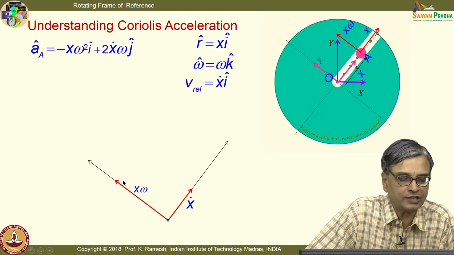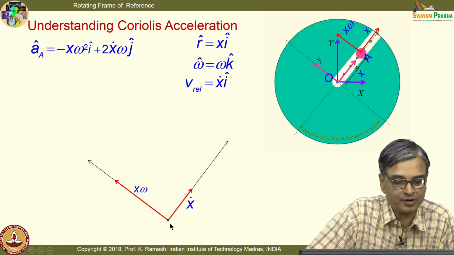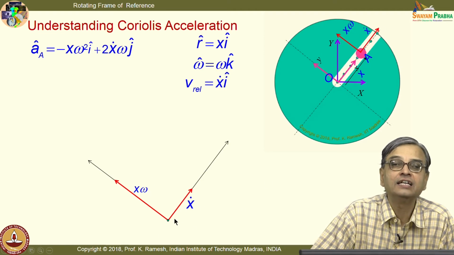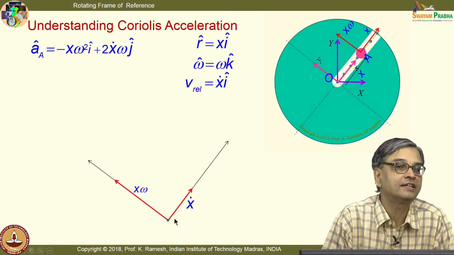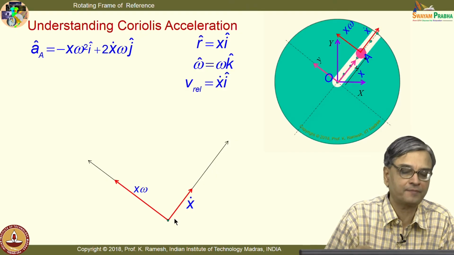I have deliberately shown that they are not equal. I could not show it properly in this diagram, it is just too small for me to show. So, I do it here just to bring in the generality that these two quantities can be of different magnitude to start with.